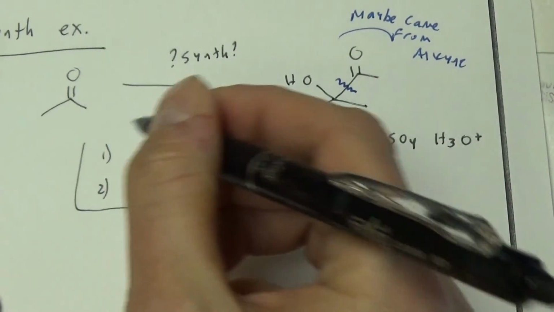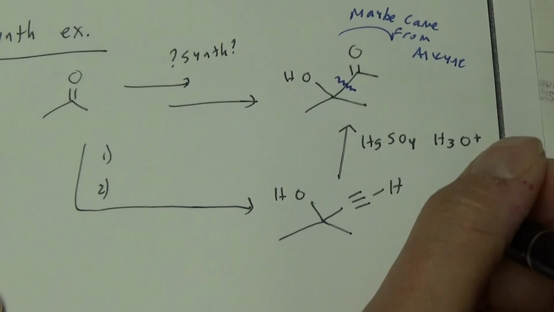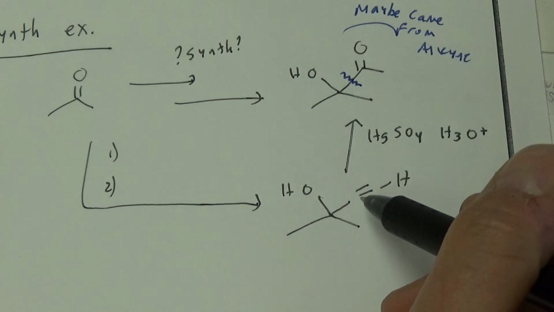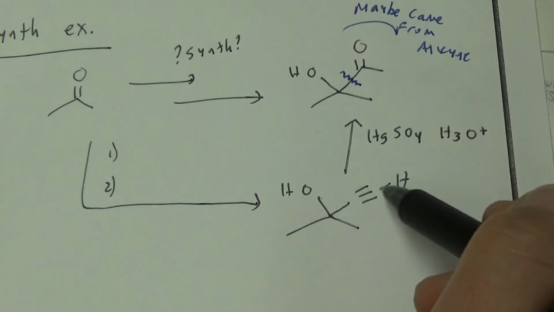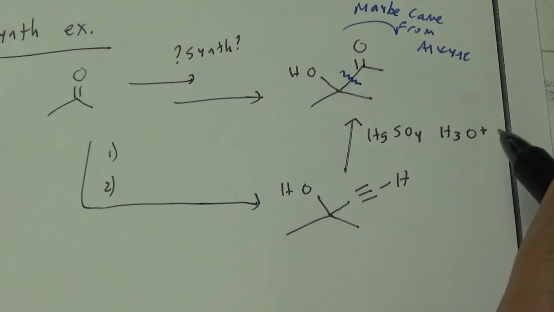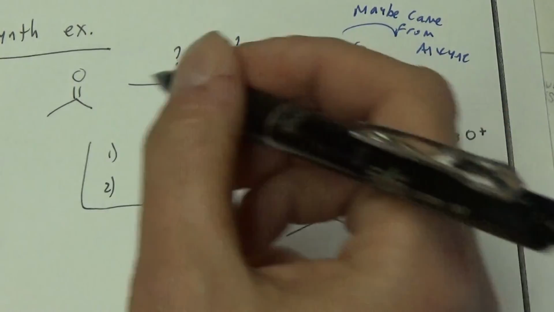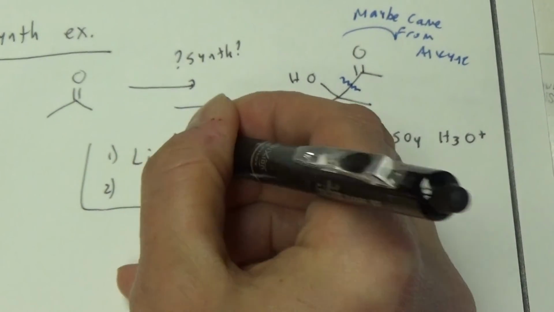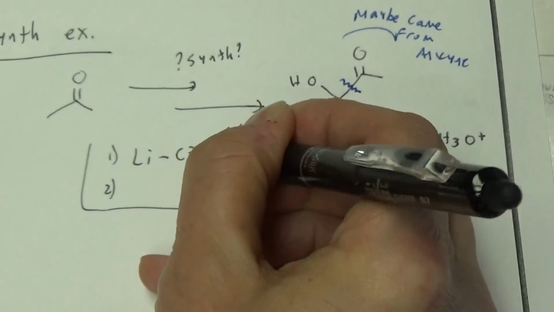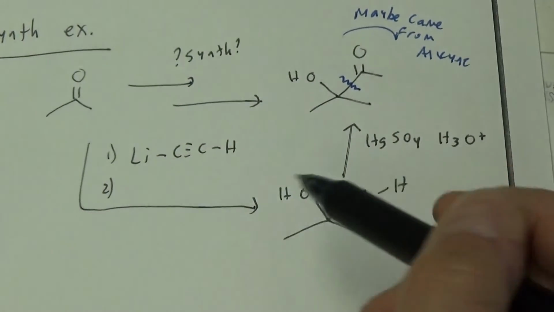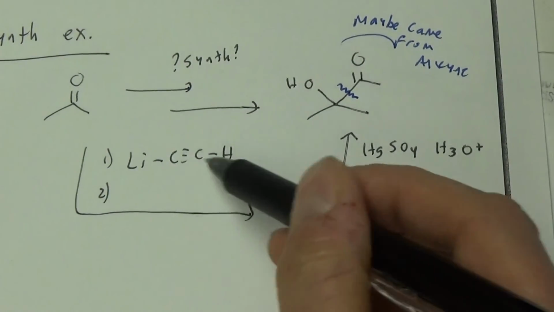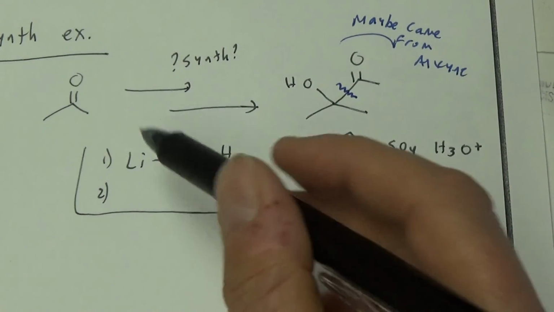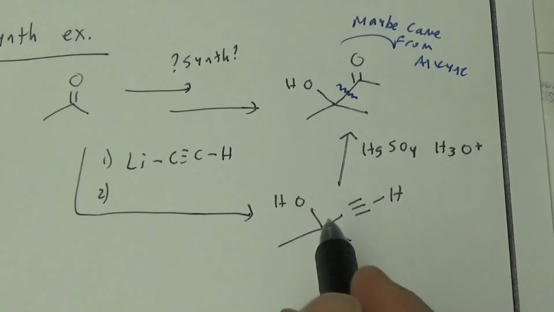Well, of course, you need a nucleophilic alkyne. In this situation, we're just going to assume it's already pre-deprotonated, a 2-carbon alkynyl anion, because we know that this is a nucleophile, and this will just attack. And what's the second step?